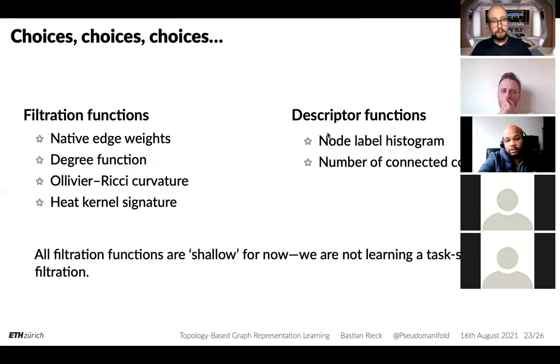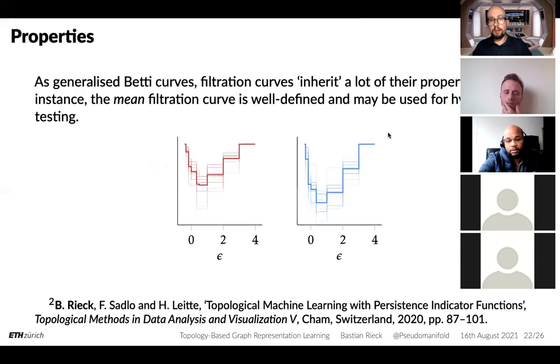So the filtration curves, when I say learning, this is maybe too much of a stretch. The filtration curves are obtained, I should say, by picking a filtration function. So for instance, we could just take the native edge weights if a graph has native edge weights, and by picking a descriptor function, such as the node label histogram. And then out of this calculation, we get something like the bold curve in the middle.